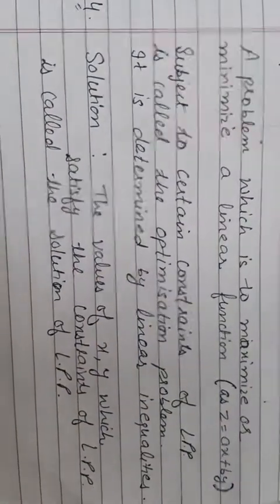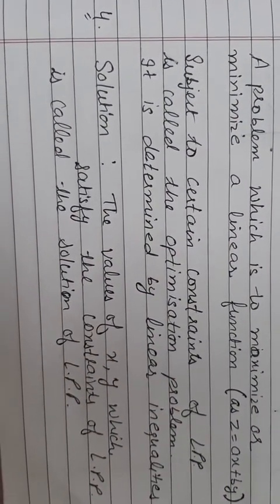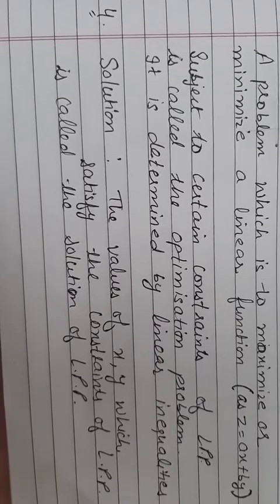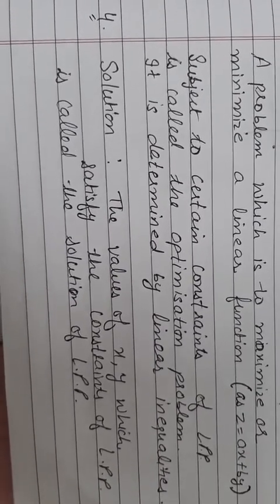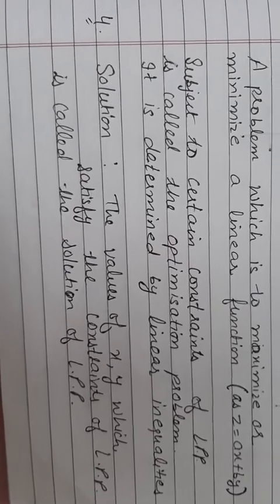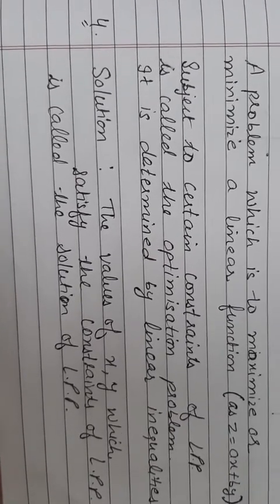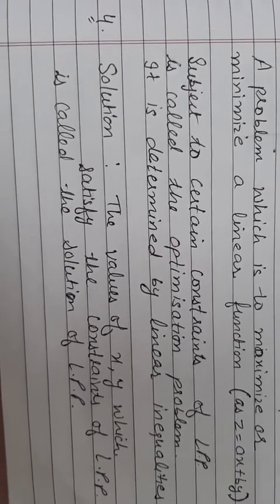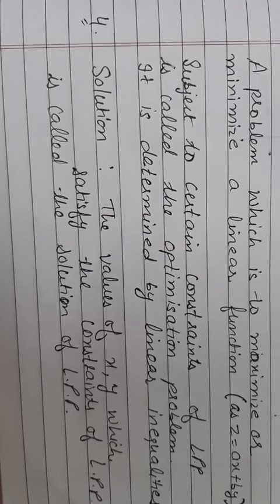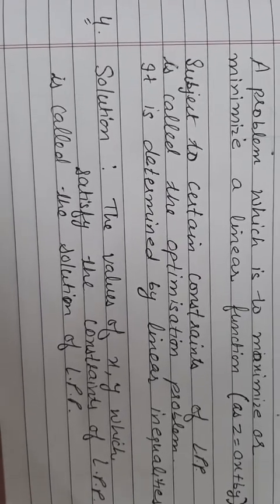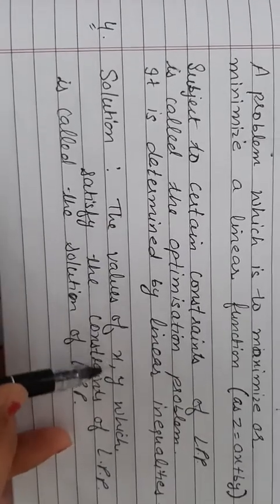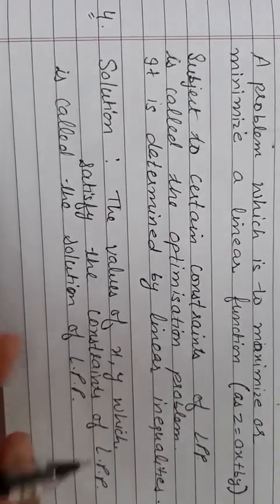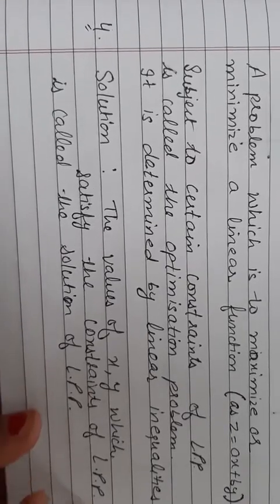Now, what is a solution? Solutions are the values of the variables. If there are two variables, x and y, then you will find two values. Those two values will be the solution. If three variables x, y and z are there, then you will get three values. I am writing here 2 only, but it can be 3 or more than 3 also.